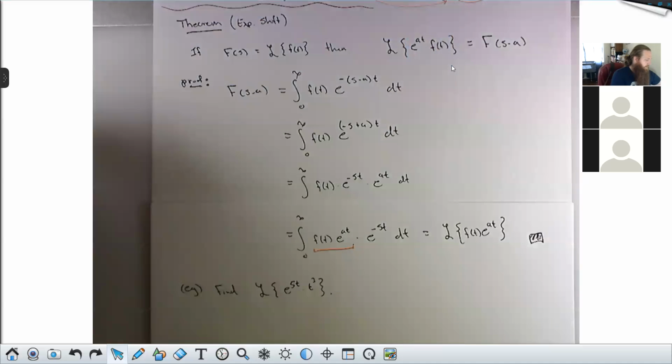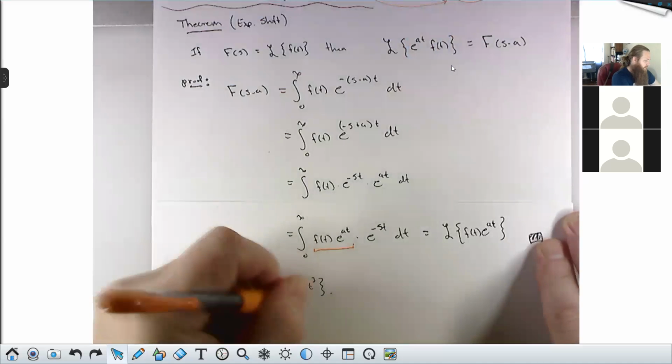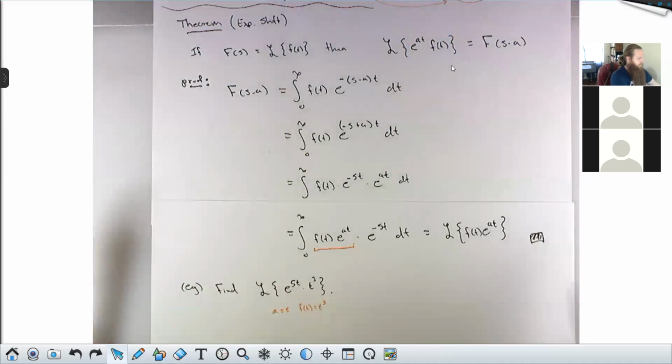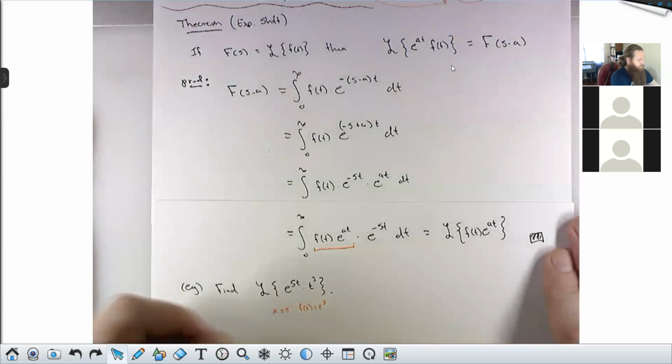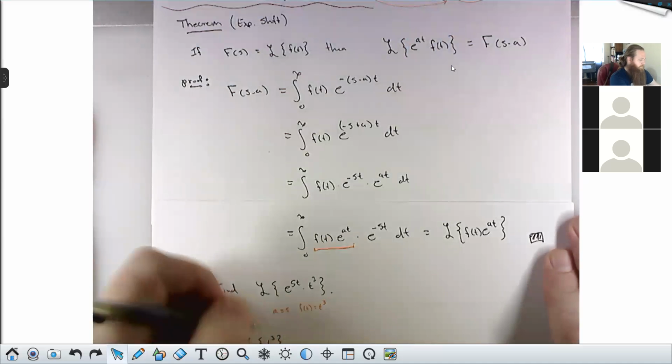So here, a is 5, and little f of t is t cubed. I would say the first thing you want to do is recall the Laplace transform of t cubed itself.